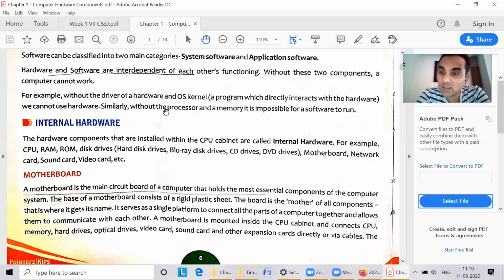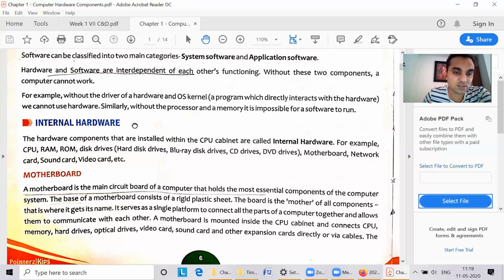For example, in the computer there is a CPU, central processing unit, RAM, random access memory, ROM, read-only memory, disk drives such as hard drives, Blu-ray disk drives, CD drives, DVD drives, motherboard, network card, sound card, video card, etc. All these are the internal hardware inside the computer.